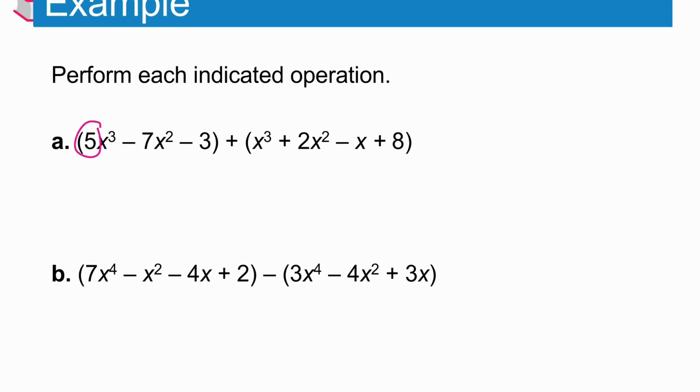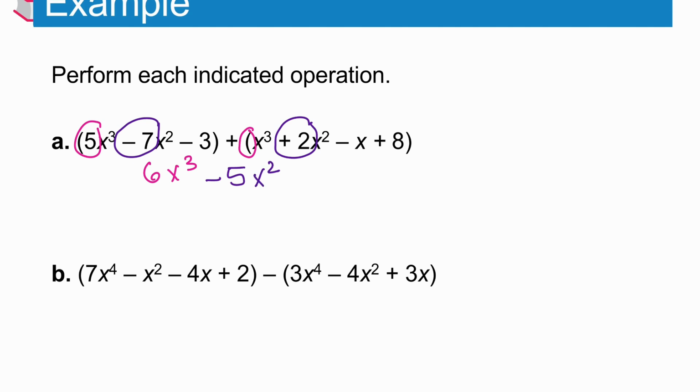For the x to the third, we have a 5 and an understood 1, so that would be 6x to the third. So basically, we're combining like terms. And then for x squared, we would have the negative 7 and the positive 2, so that's going to give us negative 5x squared.